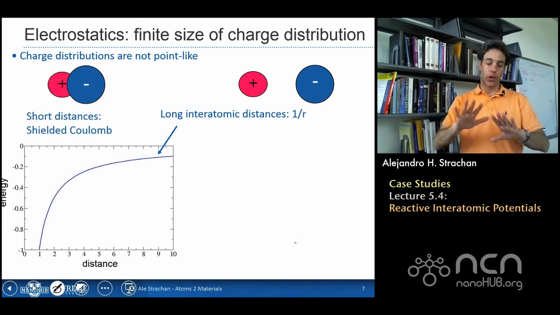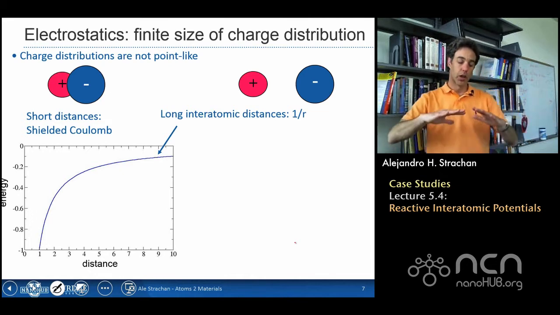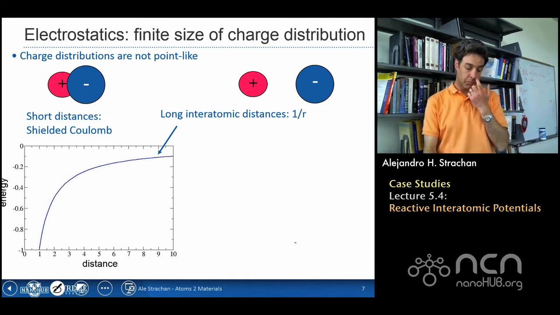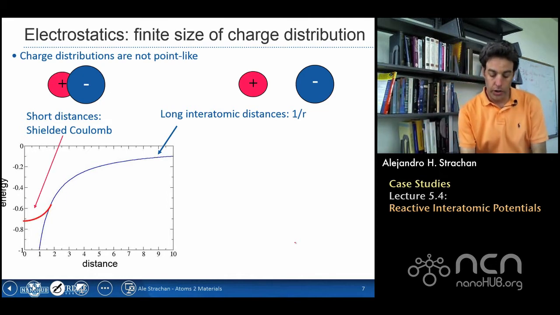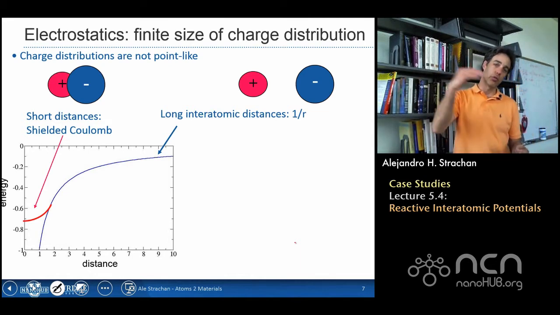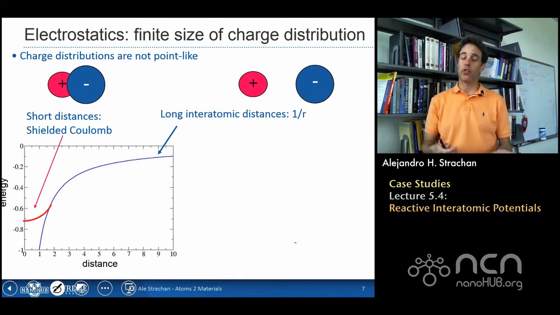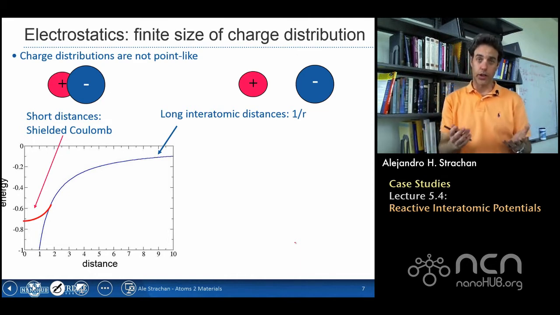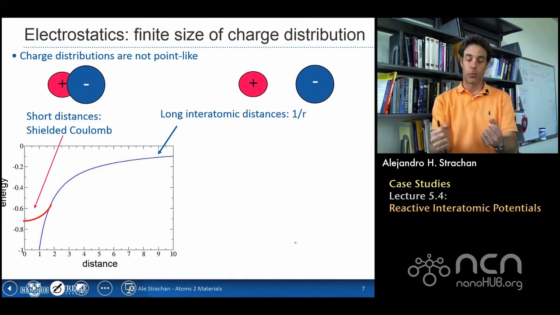If I bring them together and the charge distributions start overlapping, what you have is shielding. And what happens to the electrostatic energy is that it levels off, okay? It doesn't go to negative infinity as 1 over r, but it tapers off. It becomes a constant. And this is very important. This shielding is very important in reactive potentials because we do not have exclusions.